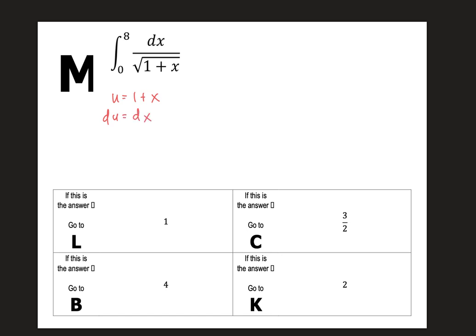All right, and then just notice the dx will get substituted for du. Actually, here, sorry, this 1 plus x will become u, and the dx will become du. Okay, so this will be du over square root of u.